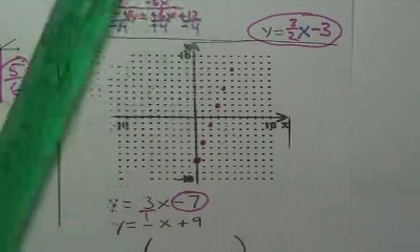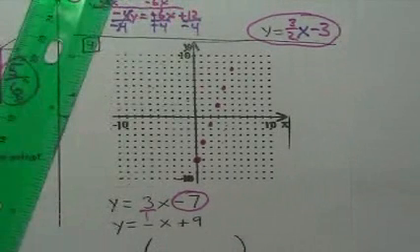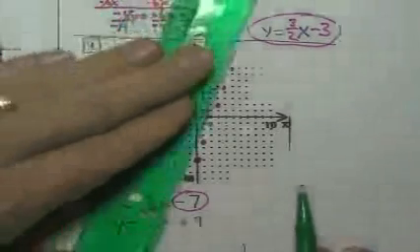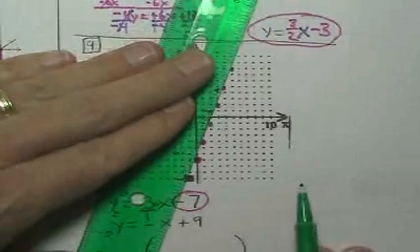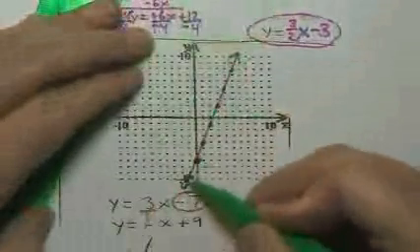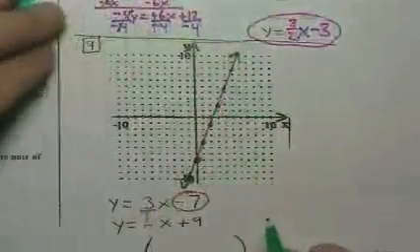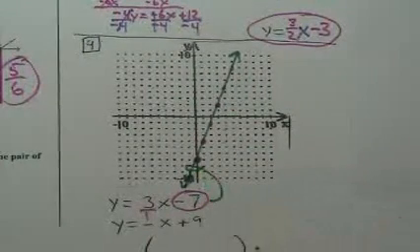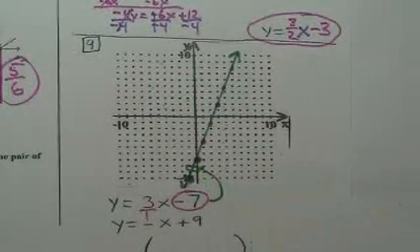Take a straight edge. Go all the way through the entire graph, edge to edge, put arrows at the end. Okay, and by the way, that's this one right here. Okay, now I'll do the next line.